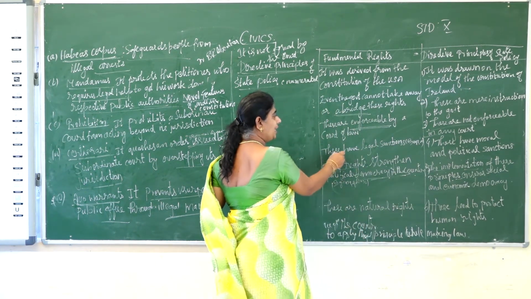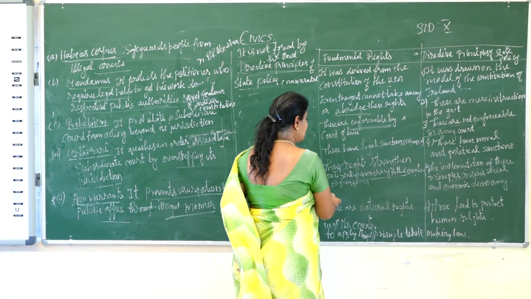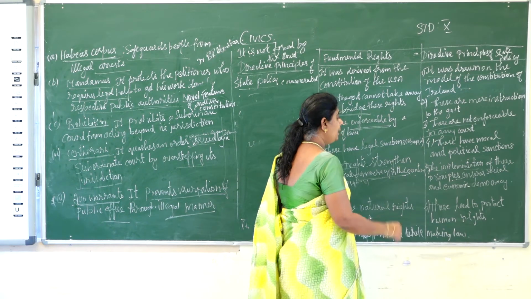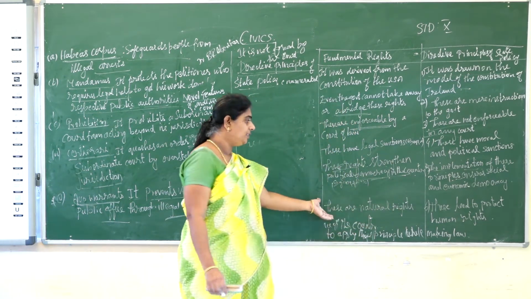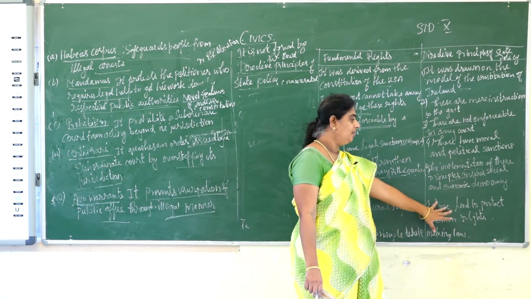They have legal sanction and political sanction respectively. Fundamental rights strengthen political democracy, and directive principles ensure social and economic democracy. And these are natural rights, and they lead to the protection of human rights.